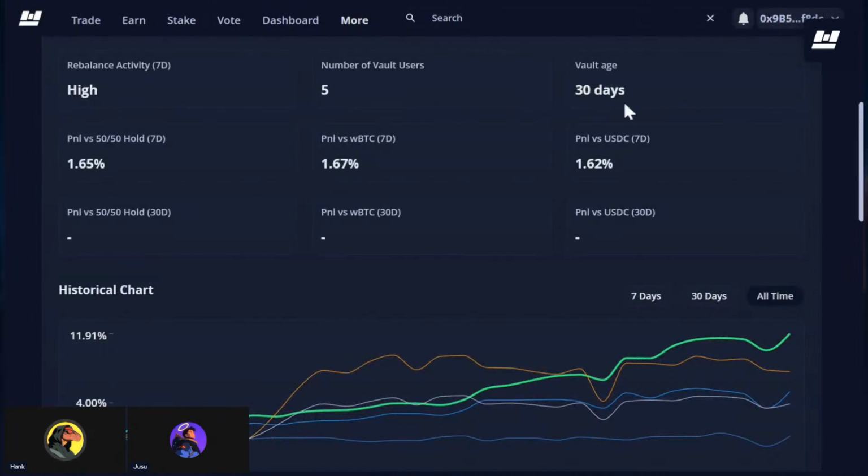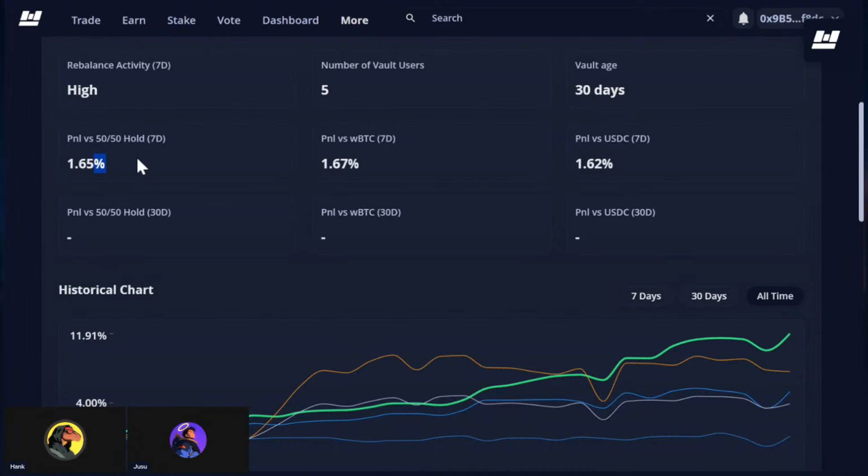So it's 30 days. I think tomorrow will be the first P&L showing on a 30-day basis. And then you can see here profit and loss, and you see 3 different numbers, because this is a Bitcoin USDC vault. So we are comparing the profitability against holding 50-50.